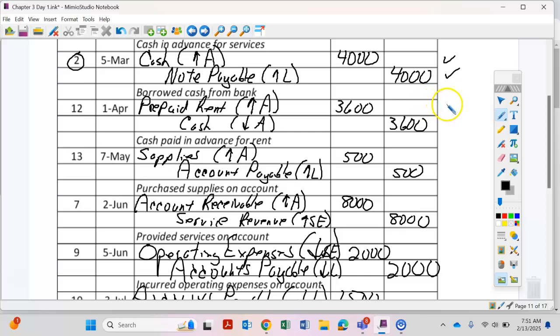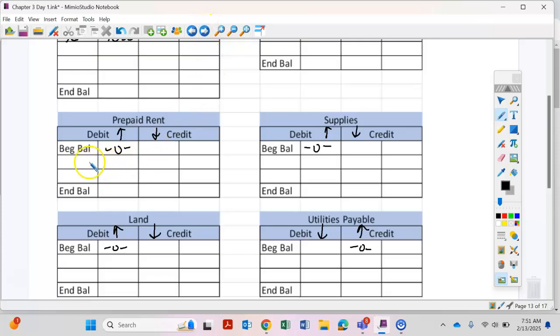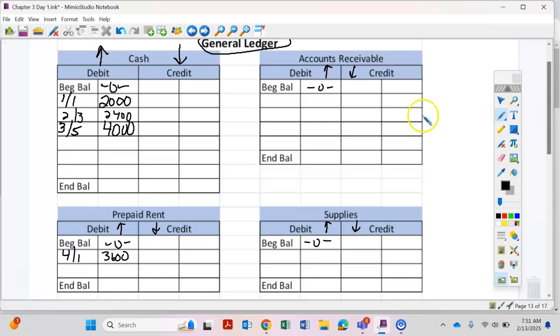So prepaid rent is debited, cash is credited April 1. So April 1, prepaid rent is debited, $3,600, and cash is credited. And when I go to cash, I'm going to go to the very top and put that credit there. And when you're doing this in Connect, you'll have an ending balance will just pop up for you.